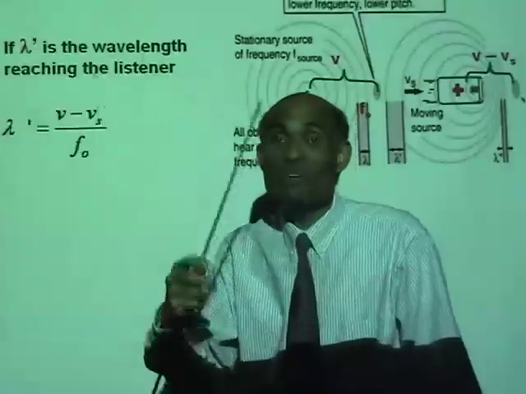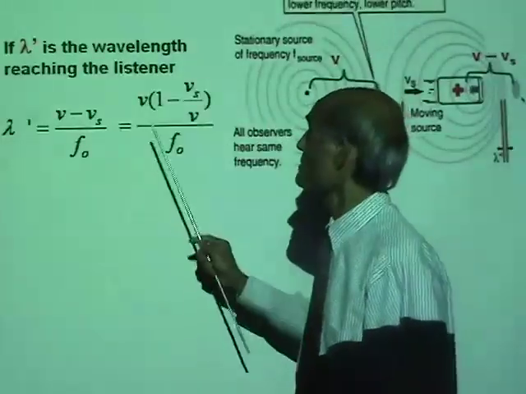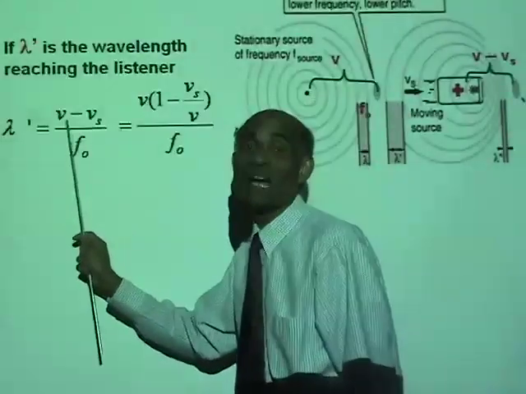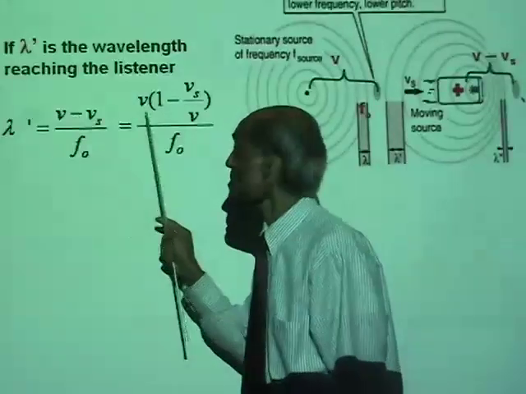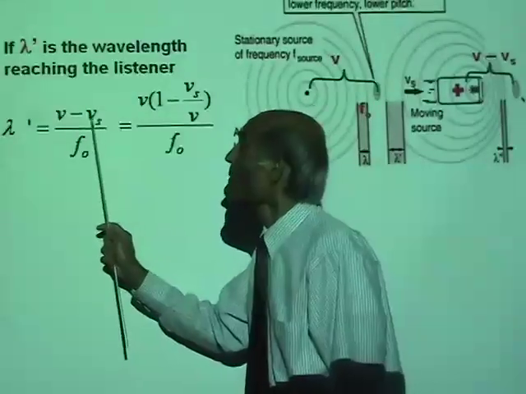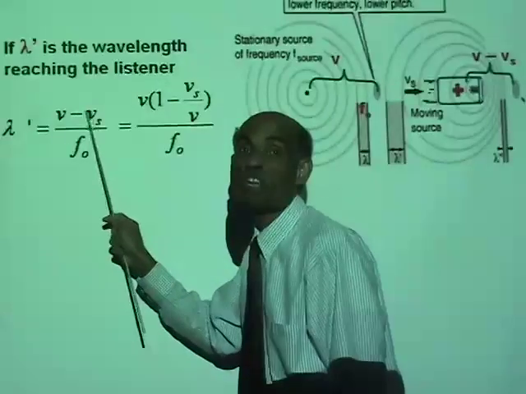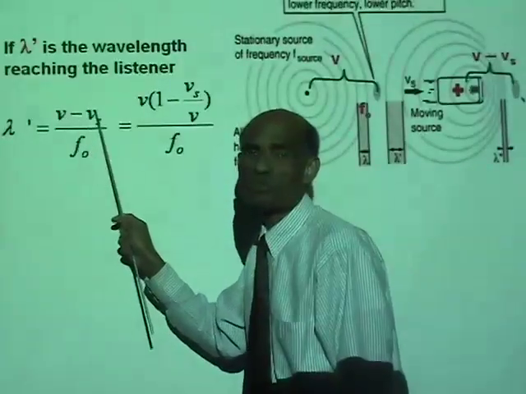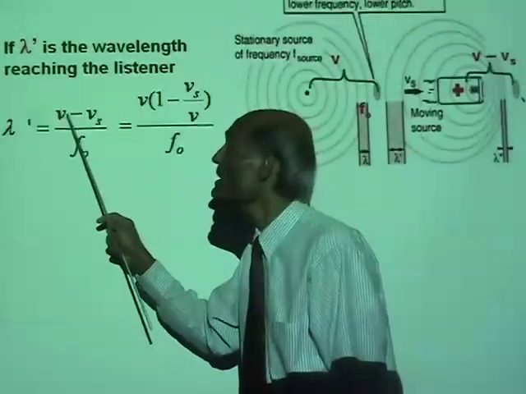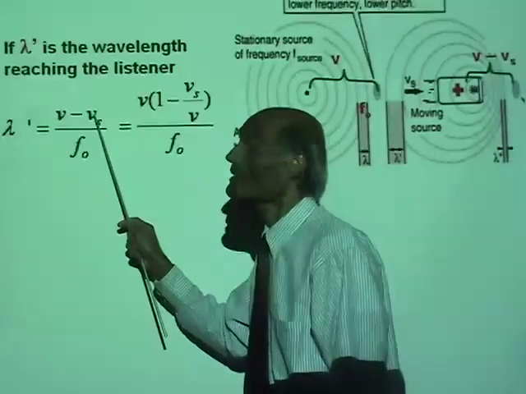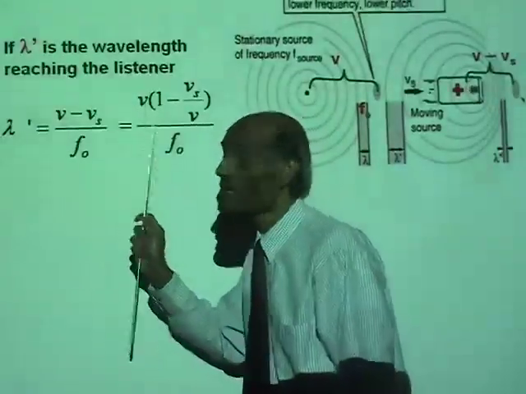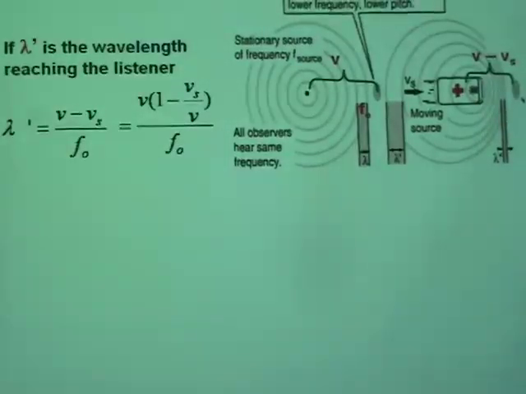f0 is the actual frequency of the source. And look at the mathematical manipulation I did here. I factored out a v from here. Is it possible for me to factor out a v from these two terms? Yes. All I did is multiply this vs by v and divide it by v.